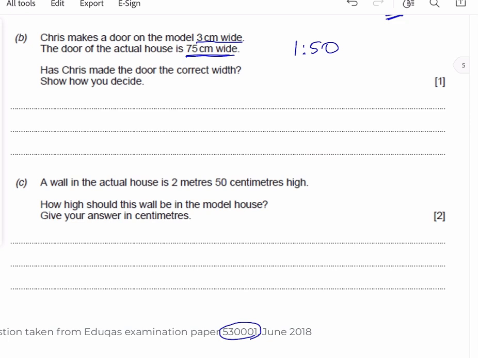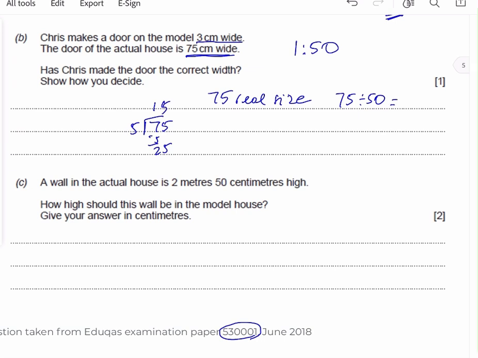So we're going to divide 75 by the scale, which is 50. That's the scale factor. 75 divided by 50. And we can see it's not going to give us 3. If we just divide by 5 first, and then we can divide the answer by 10.